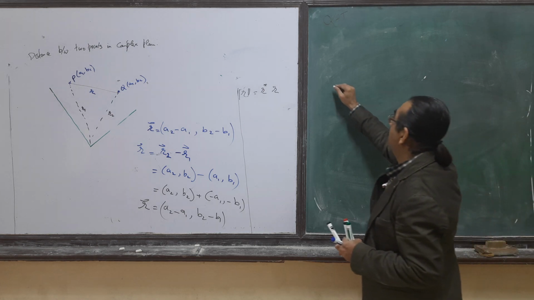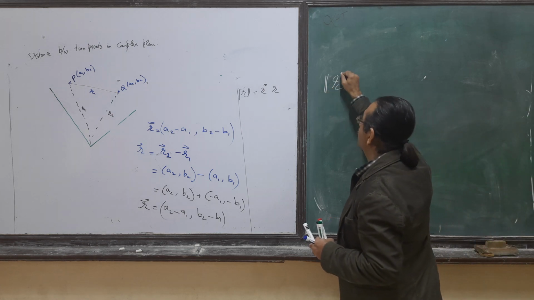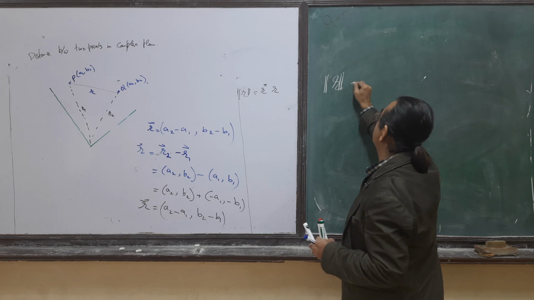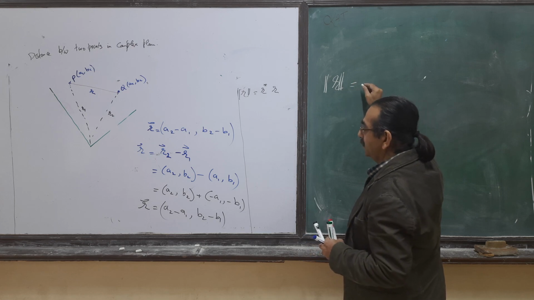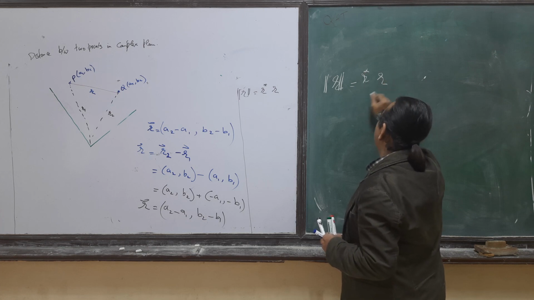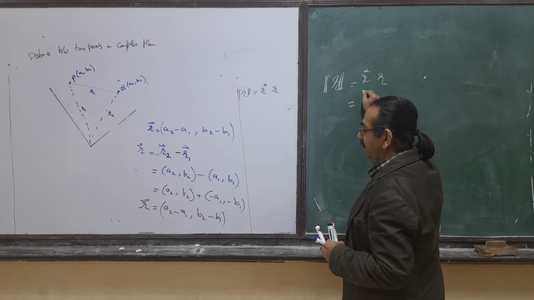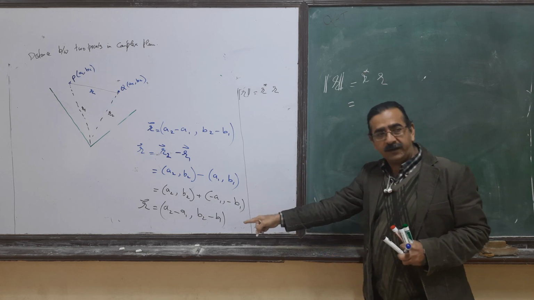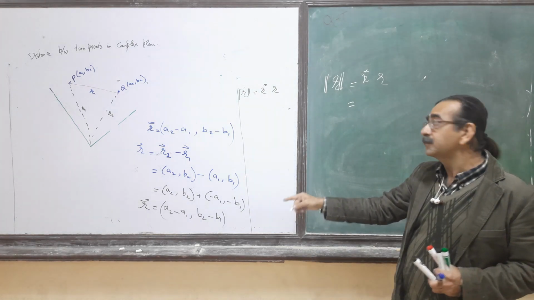And this R, which is R complex conjugate. What will be the complex conjugate? The second will be changed.